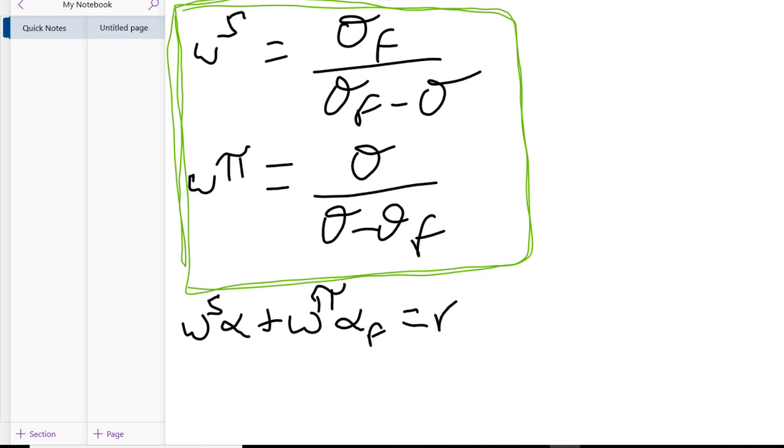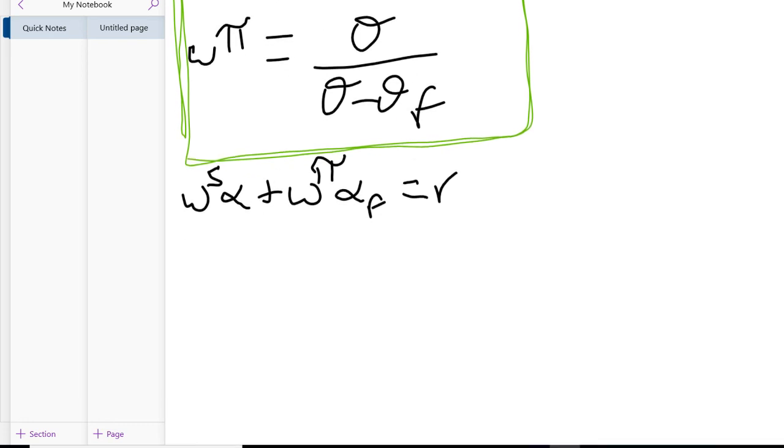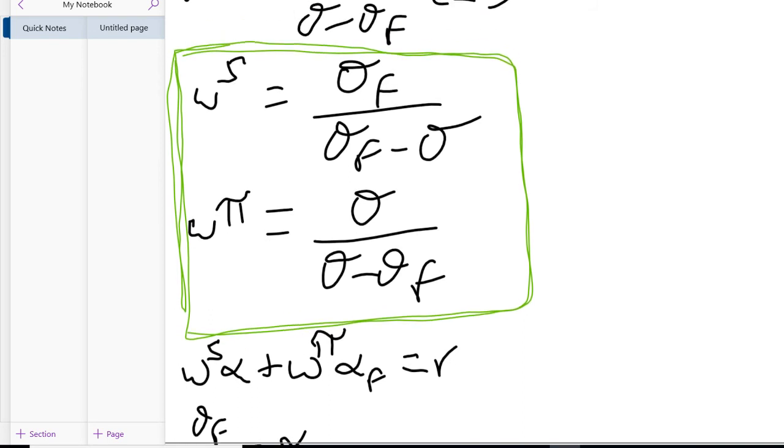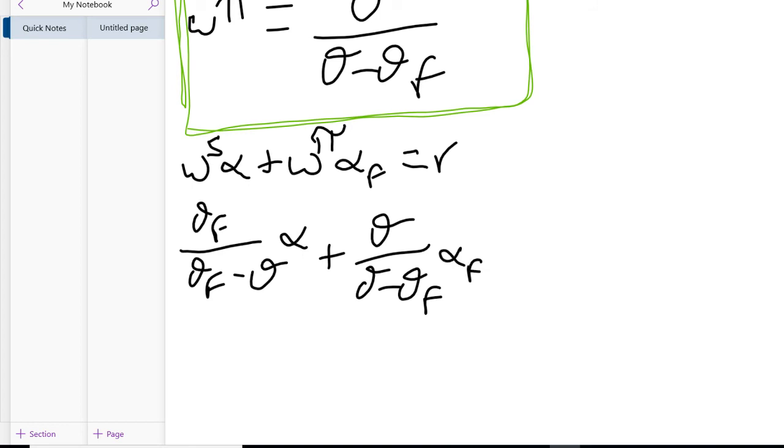Okay, so let's fill in what we just found for the weight of the stock and for the weight of the option. So again, we have sigma_f over (sigma_f minus sigma) times alpha plus sigma over (sigma minus sigma_f) times alpha_f equals r.